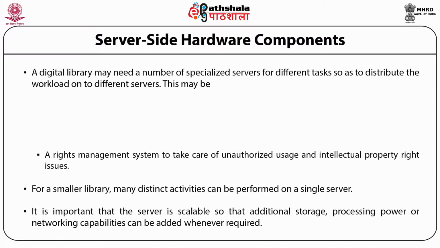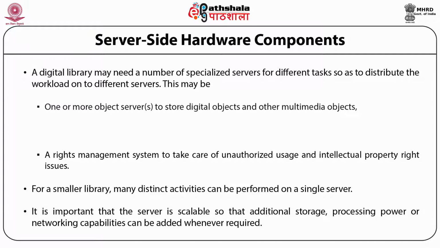A digital library may need a number of specialized servers for different tasks so as to distribute the workload. This may be one or more servers to store digital objects and others for multimedia objects.